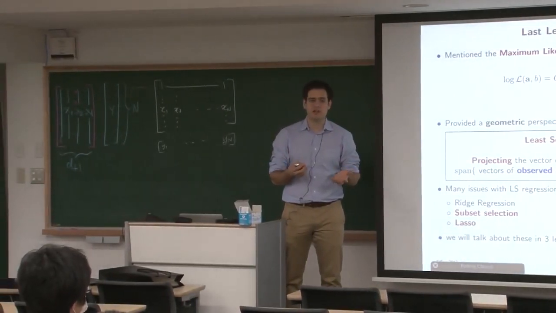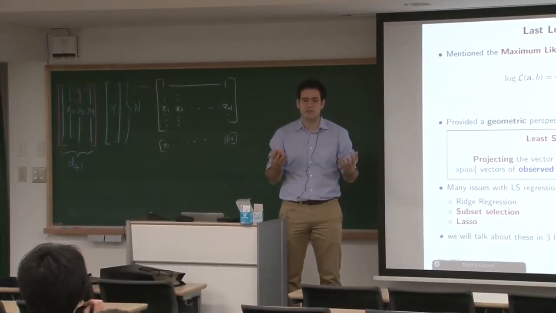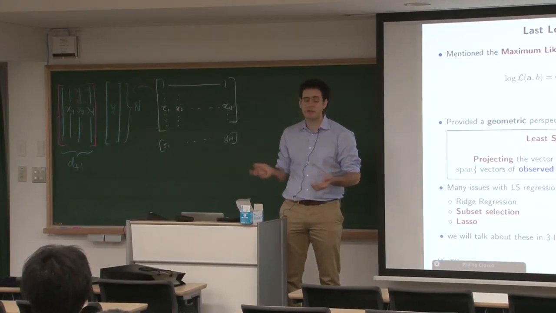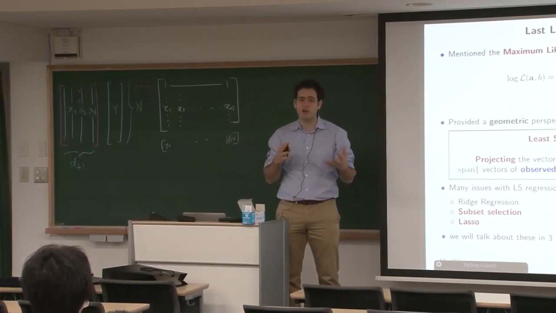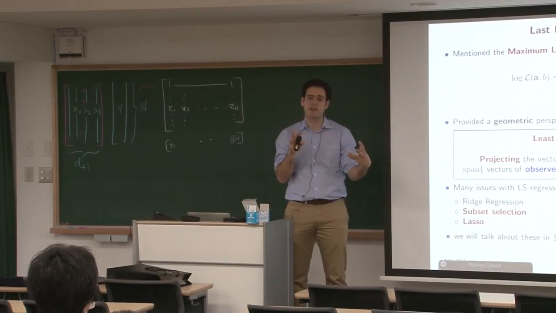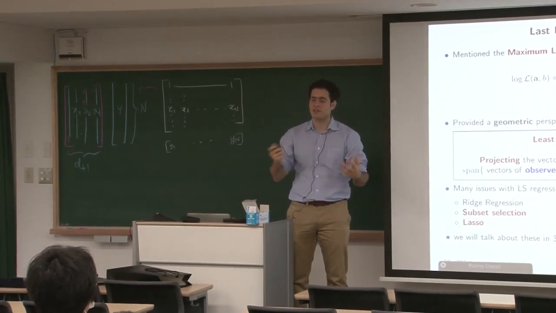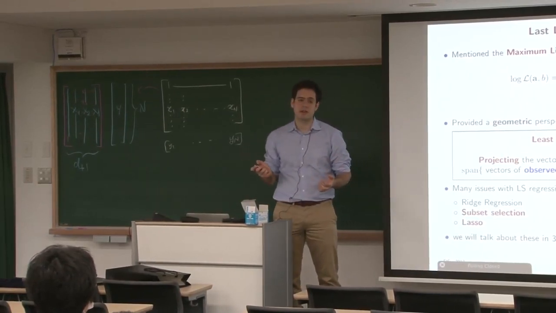From the geometric point of view, it's easy to understand. We have to project y onto the linear span of those vectors. If you start adding column vectors, even if they're noise, you're increasing the linear span, and so you're decreasing the distance from y to that linear span.